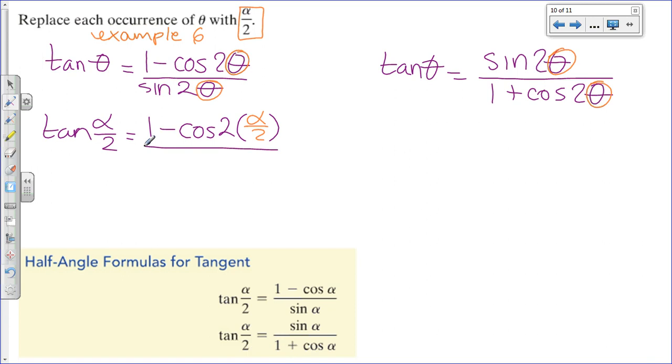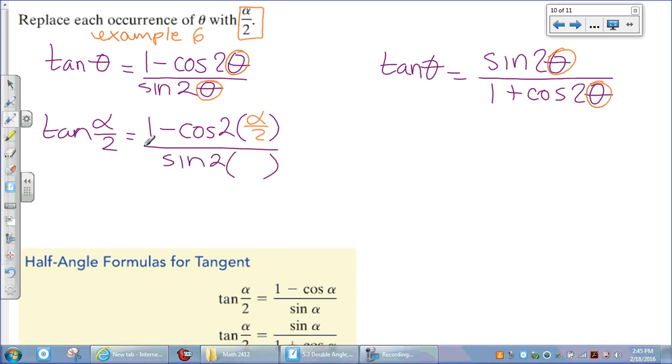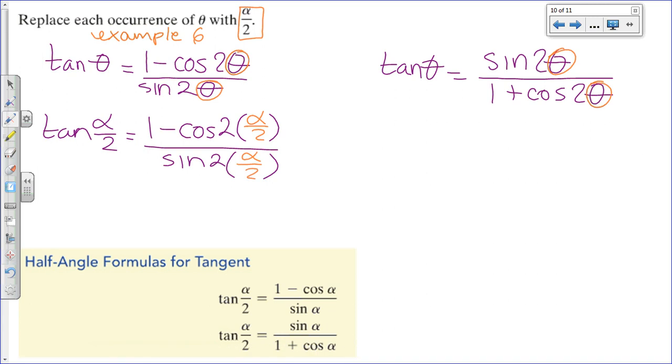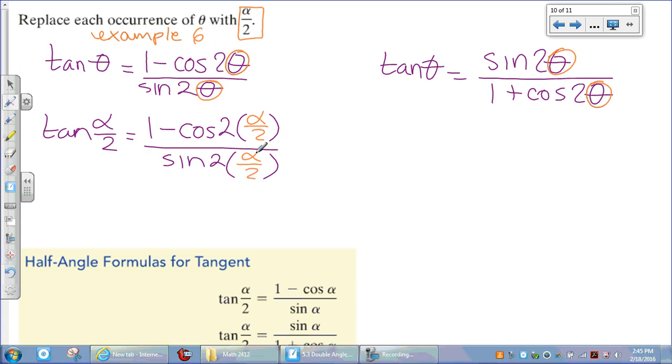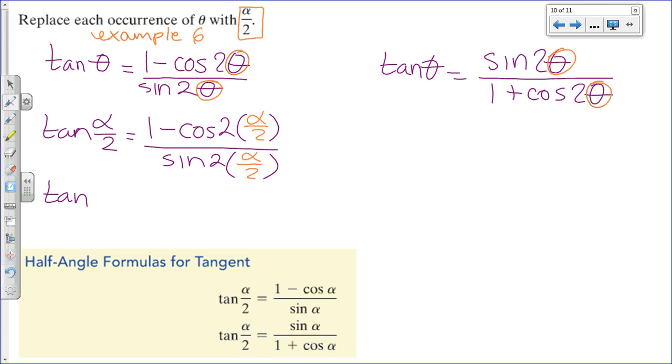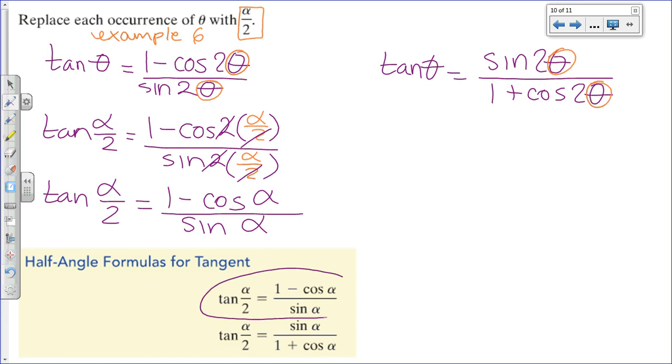On the top and the bottom we'll have sine of 2, and again we'll replace theta with alpha over 2. So we do that, and then you could see what we're getting with this. It will be 1 minus cosine. Right here, 2 divided by 2 will equal 1, so we could just say cosine alpha over 2 and 2 equal 1. So this will be sine alpha. And so that is the formula that you will see right here.